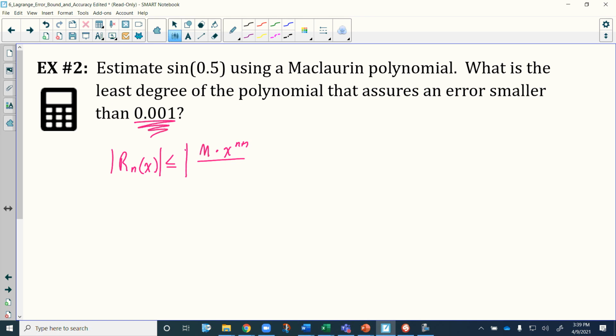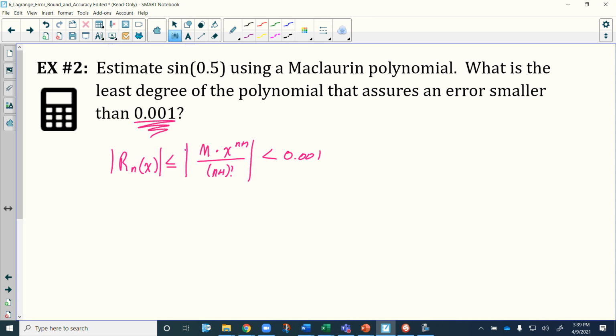And that will be over the n plus 1 factorial. Now that expression, based on what they're telling us, must be less than, whether we say less than or equal to doesn't make a difference, it's saying smaller than 0.001.